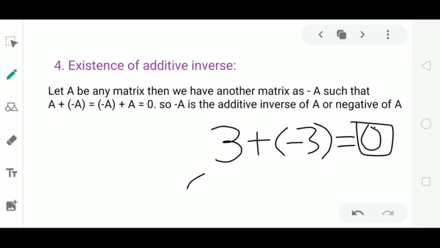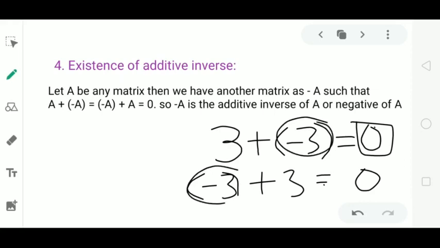Similarly, on adding minus 3 to 3, we get again 0, which is additive identity. Hence, we conclude that minus 3 is negative of a given number 3.